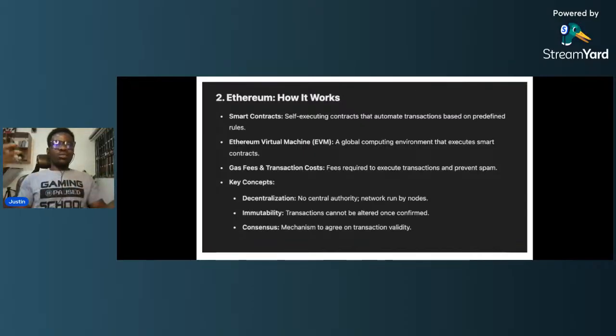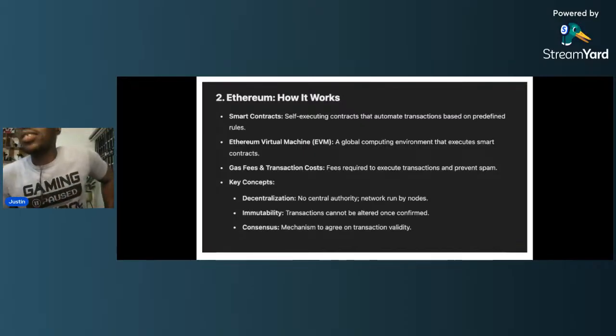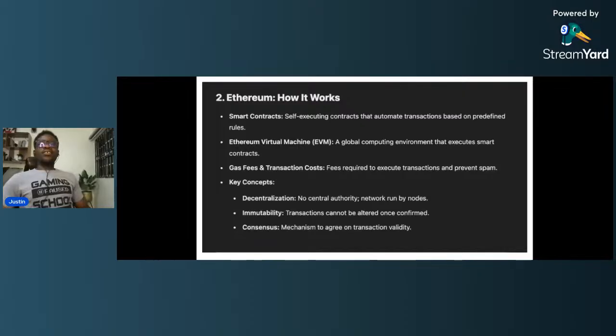Then consensus. When different people are running Ethereum nodes and there is some funny behavior on the system, the majority of people with an honest view of the system can agree on the transaction's validity. That is what consensus is all about.